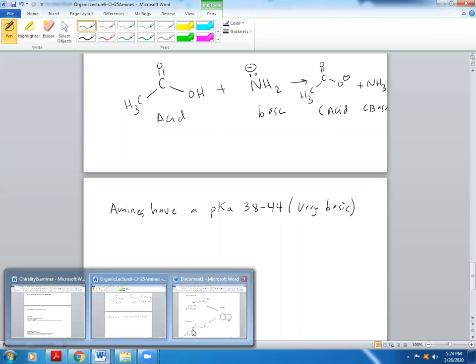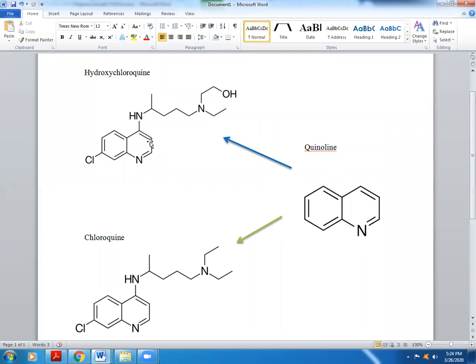And some of the suggested ones were hydroxychloroquine and chloroquine. Those are anti-malaria drugs. They're synthesized from what we call quinoline. So this is quinoline right here. It's an aromatic compound.